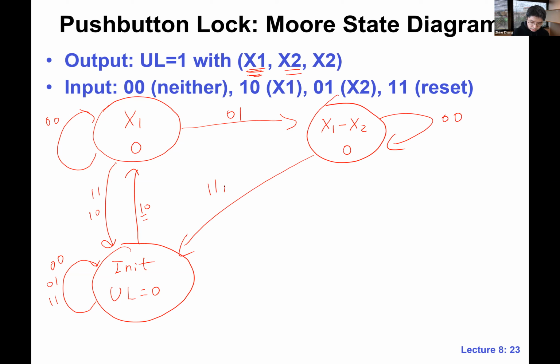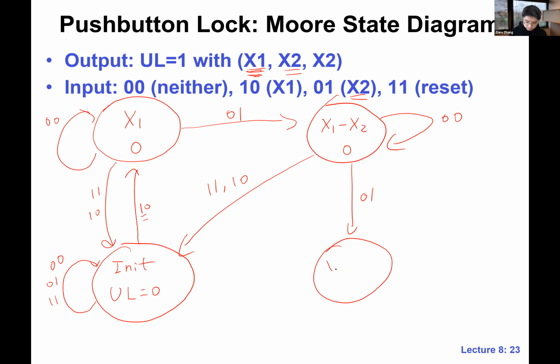We are expecting x2, so we want to see 0, 1. X2 is 0, 1, so we go to the next state. We are just missing the combination 1, 0 here. Same reasoning: we expect to see a password, so if you see x1, x2, x1, we reset.